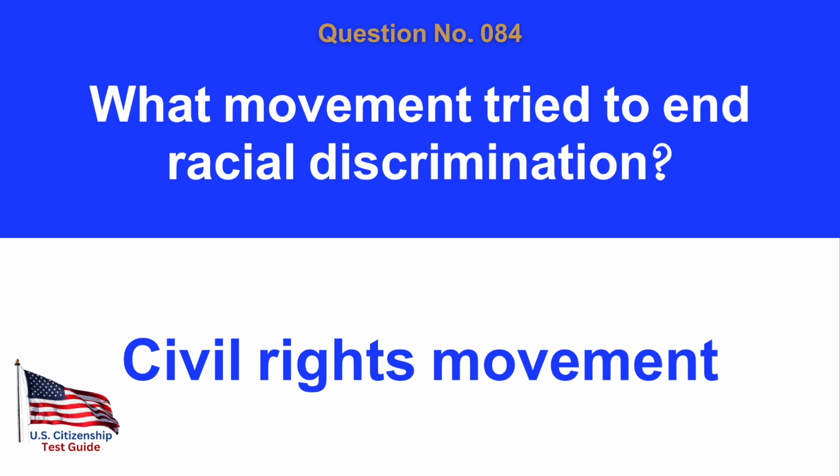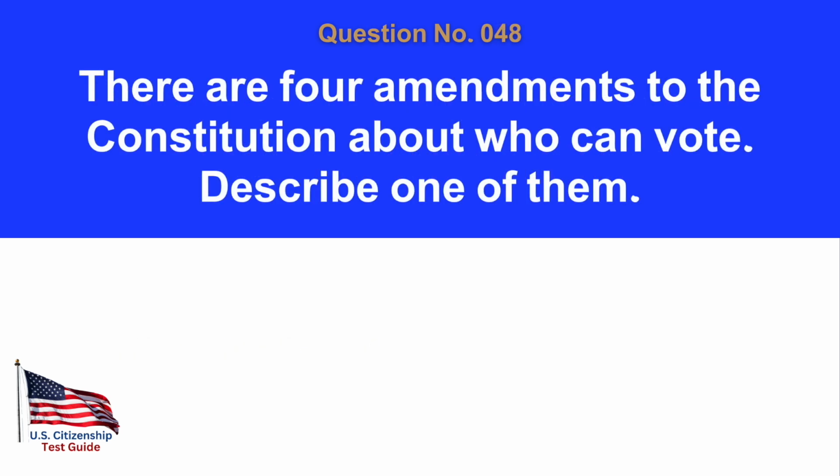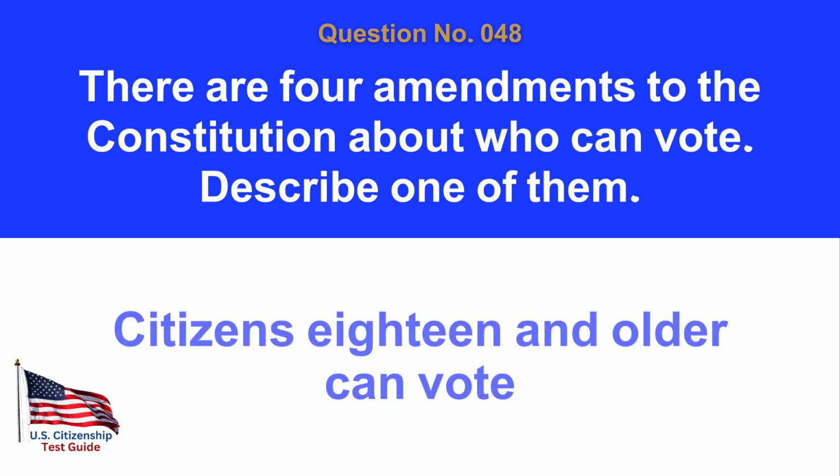Civil rights movement. There are 4 amendments to the Constitution about who can vote. Describe one of them. Citizens 18 and older can vote.